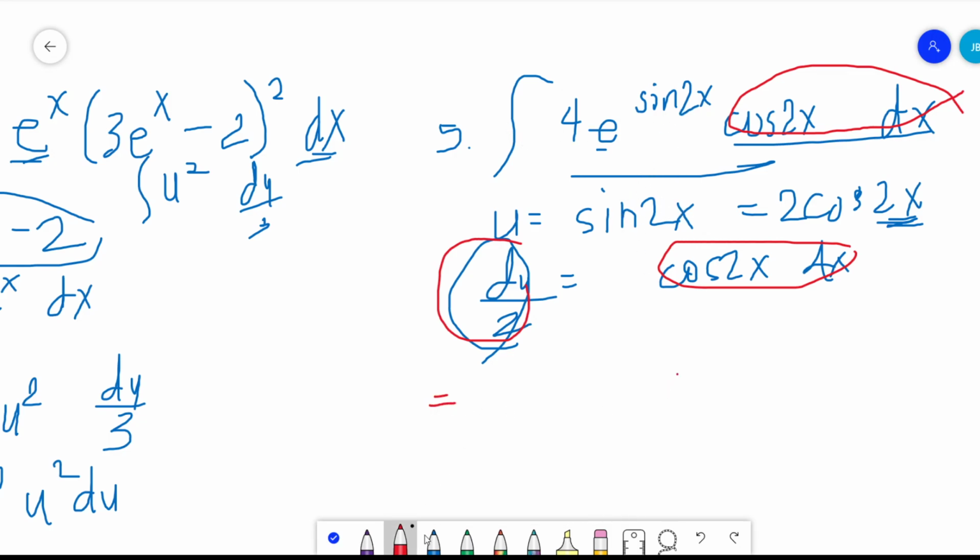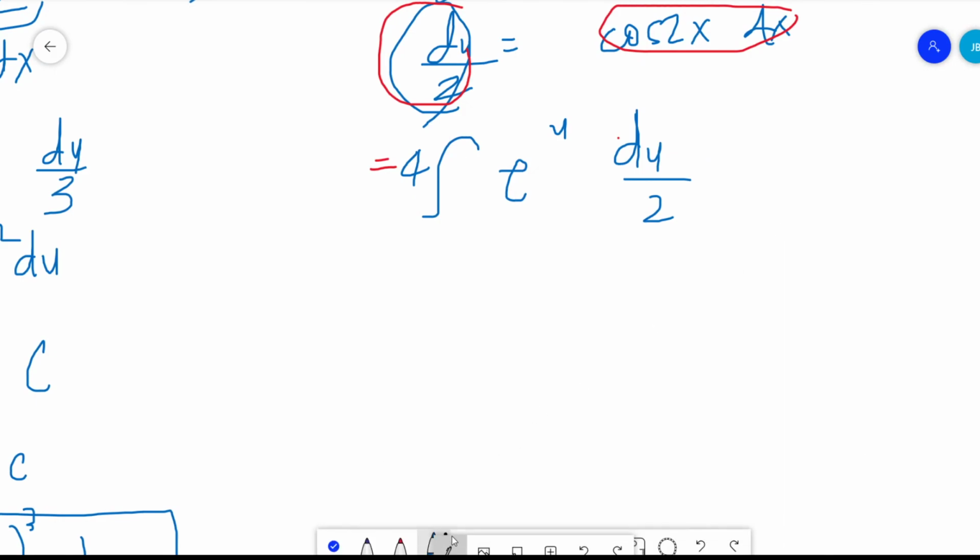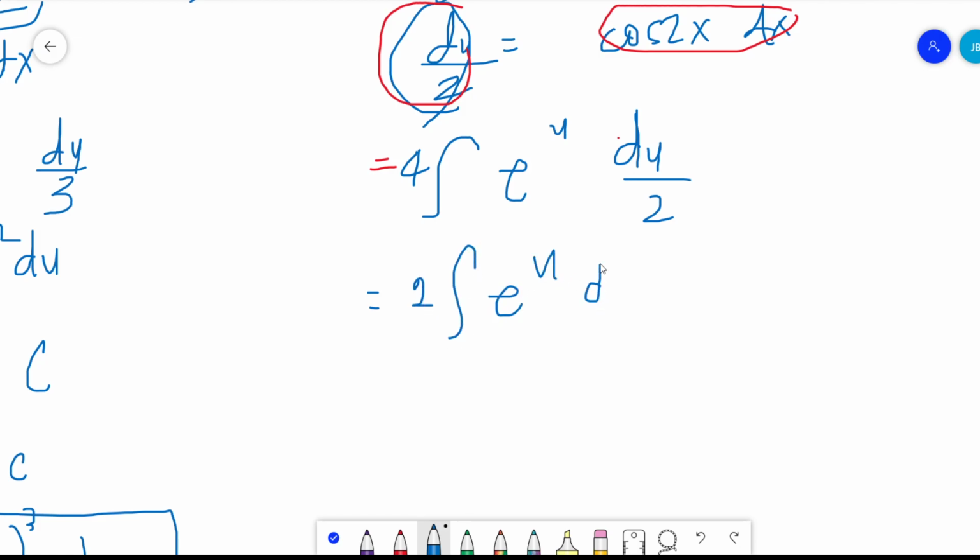So if we put that back into the original form, we take out the 4, and then e raised to u, where sine 2x is your u, then cos 2x dx is du over 2. So if we take 1/2 outside, 4 times 1/2 is 2, and what's left is just e^u du.